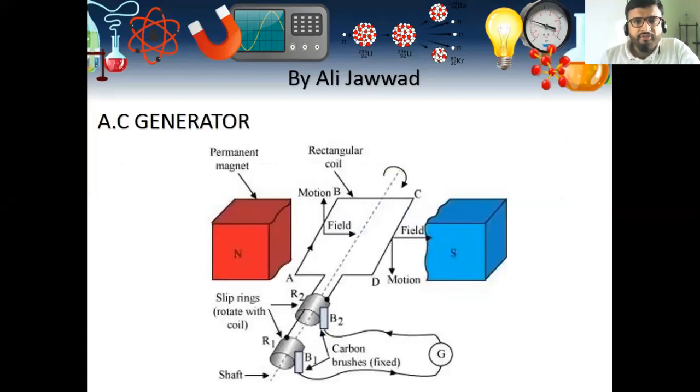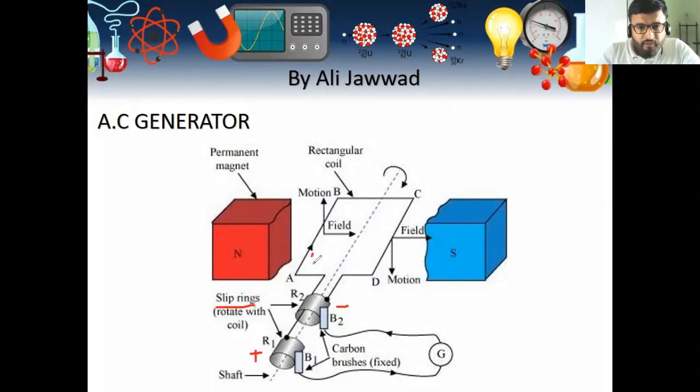The construction of an AC generator is more or less the same as a DC motor. However, there is a minor difference. In a DC motor, we have a commutator ring at this end. However, in an AC generator, the loops are connected with two slip rings. So one serves as the negative terminal while the other serves as the positive terminal.